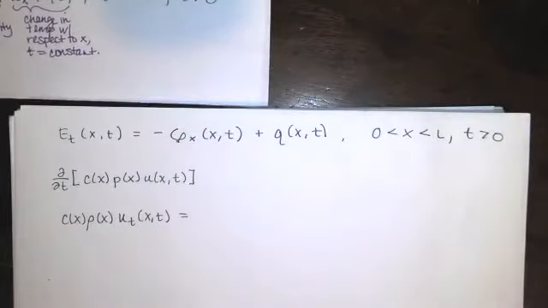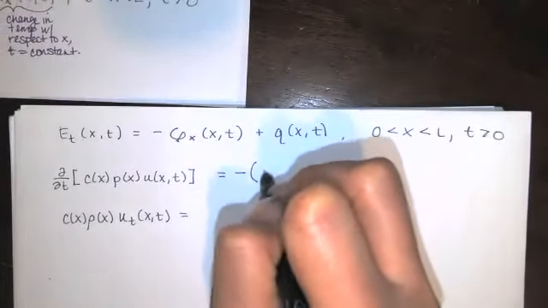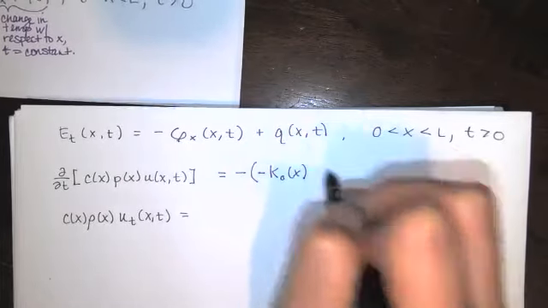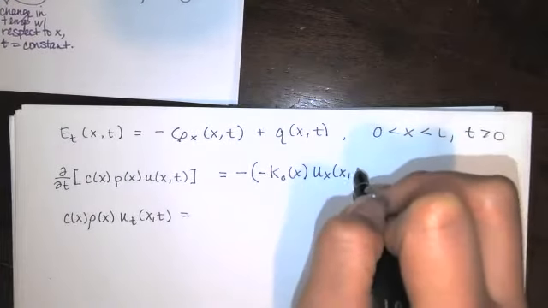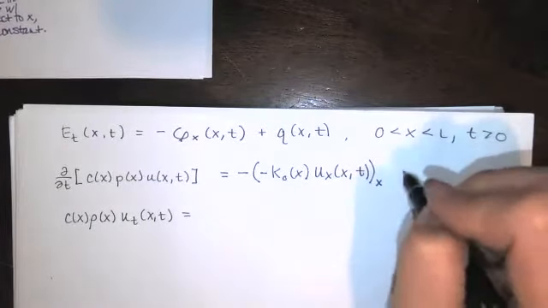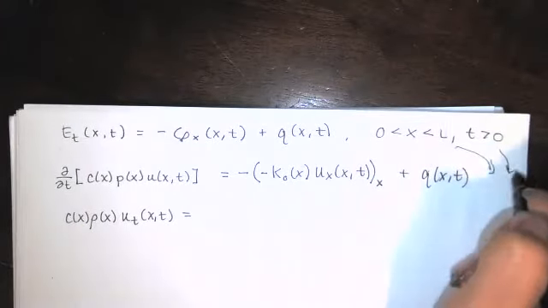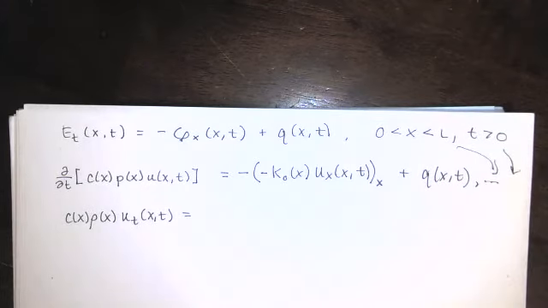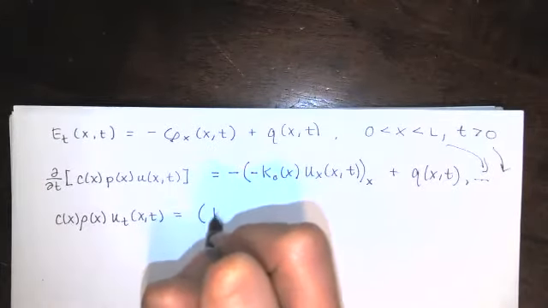So we can substitute that in right here, and you're taking the partial derivative of that with respect to x. And of course, these qualifiers should come down here as well. Of course, the negative times the negative is a positive, and we get this.